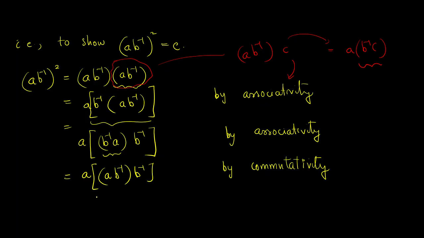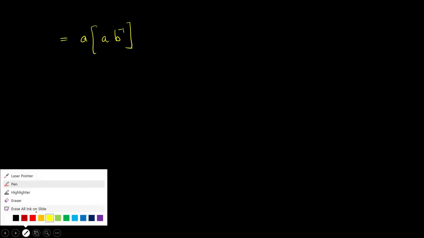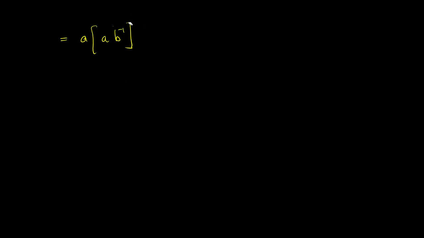Now again I will apply associativity. So we will have A into A into B inverse into B inverse by associativity. Now this is actually equal to A A into B inverse B inverse, so it's actually B inverse whole squared.